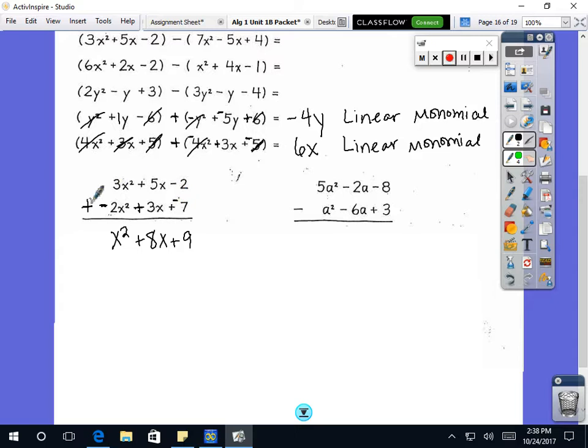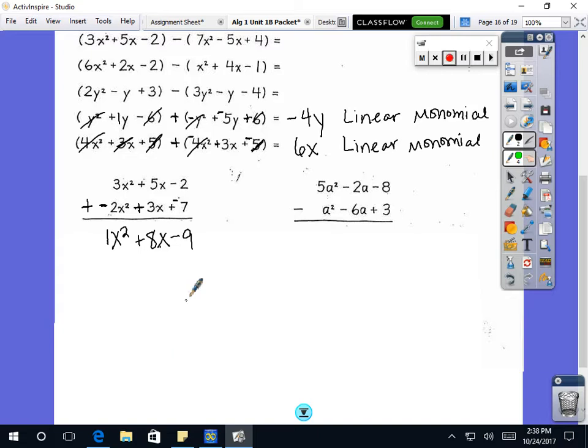So you have a 3 plus a negative 2, which is 1. Because 3 plus negative 2 is the same thing as what? 3 minus 2. And then you have a 5 plus a 3, which is 8. And then a negative 2 plus a negative 7, which is negative 9.